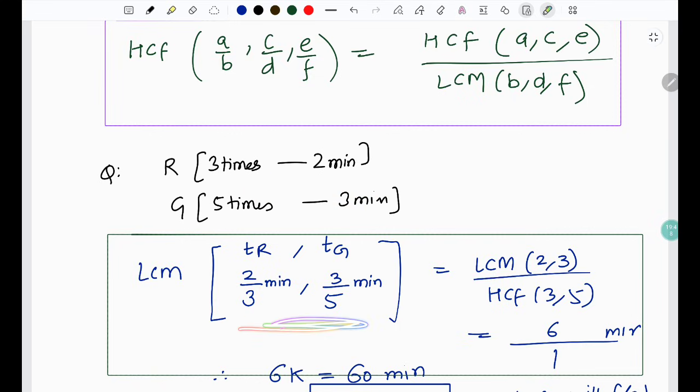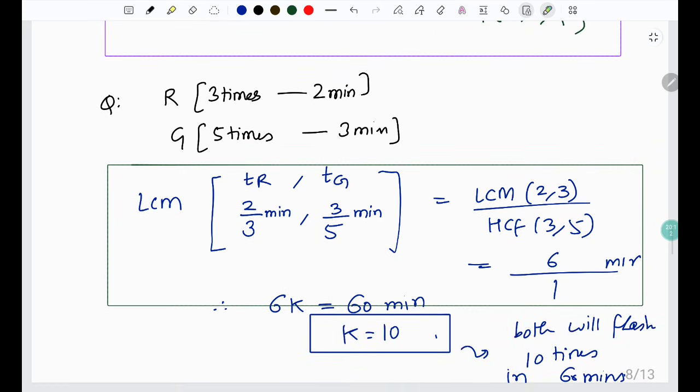So we'll simply be taking the LCM of this fraction form. Since we are taking LCM, the numerator will have the LCM of 2 and 3, and then we'll be taking the HCF of 3 and 5. So LCM of 2, 3 is 6, HCF of 3 and 5 is 1, since these are co-prime numbers which have highest common factor equal to 1. So 6 minutes.